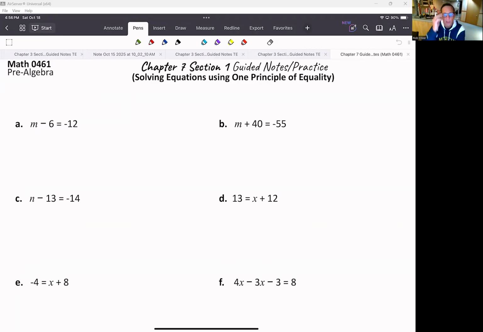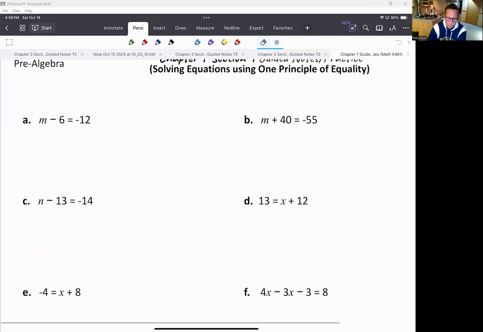So as long as you apply the same operation to both sides, whether adding the same thing or dividing both sides by the same thing, you're in pretty good shape. You can always fall back on that if you're ever lost. Like, hey, what do I do to solve this problem? You can always try dividing both sides by something and see what you're left with, and see if that helps. But yeah, let's do a few here.